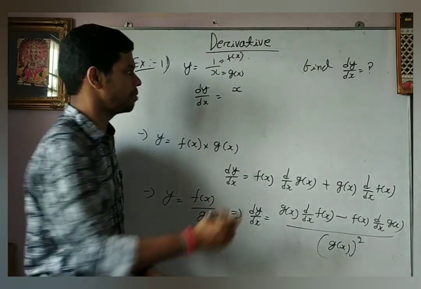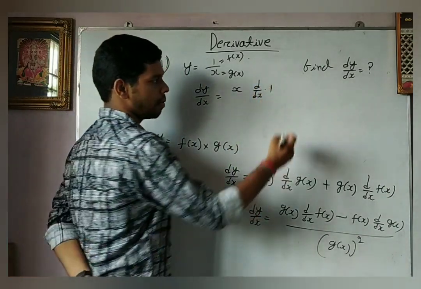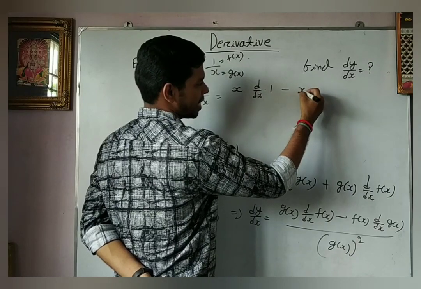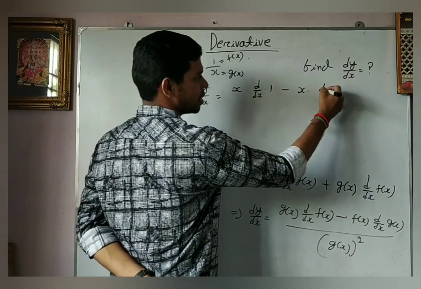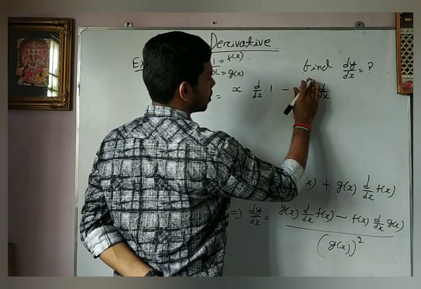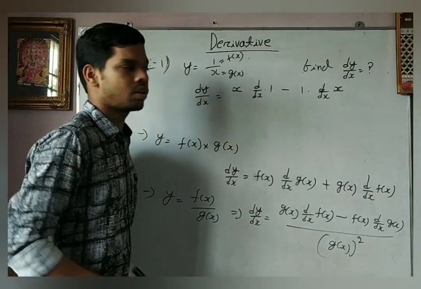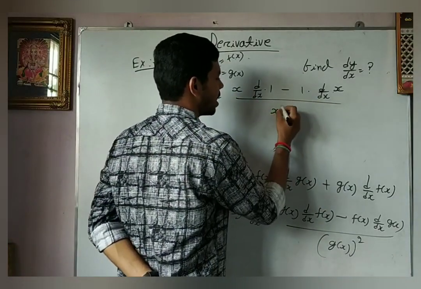g of x times derivative of 1 minus f of x times derivative of g of x, whole divided by x square.